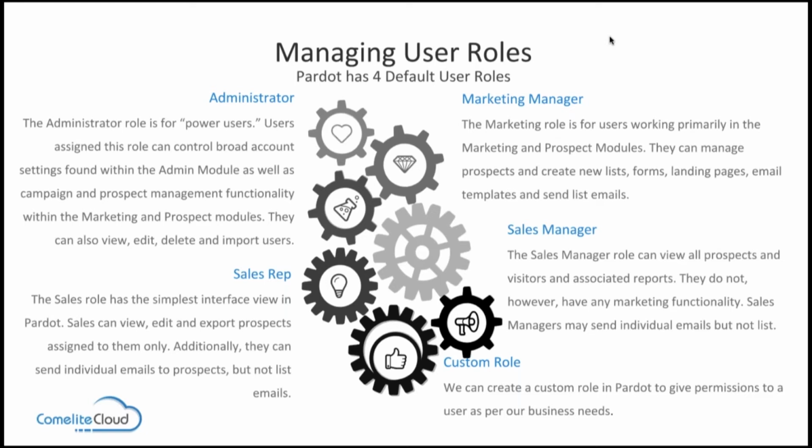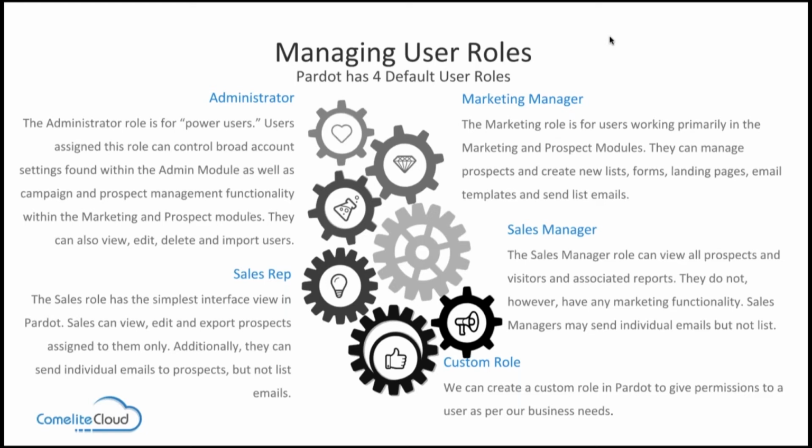So I'll add users to this marketing super user group and then I'll give access to this folder to the marketing super user group, and then I'll save it. Any user under that particular group will get the access.